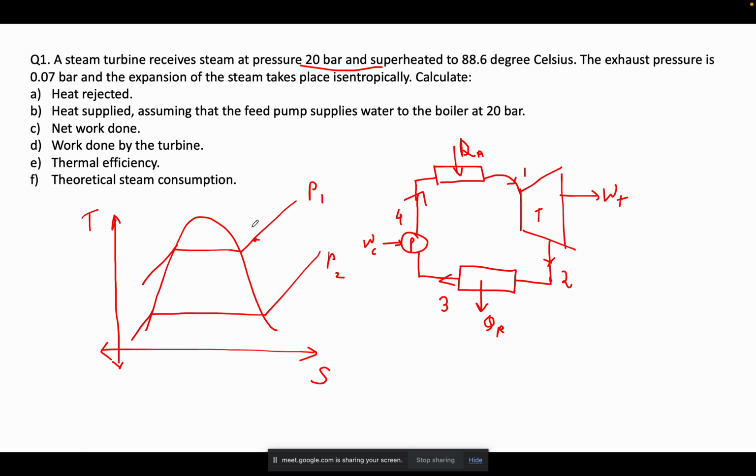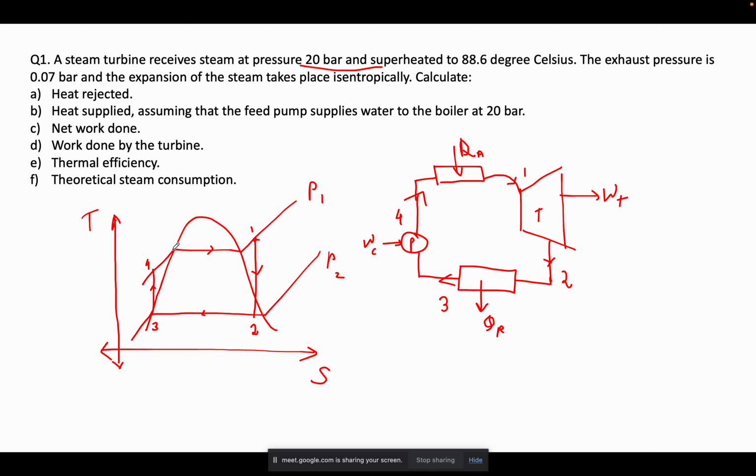This is my point 1, and from here it is expanded isentropically, so this is my point 2. Then this will be my point 3, and once again this will be my point 4, and then this will be my point 1.